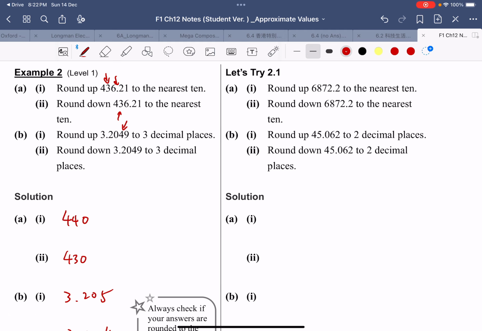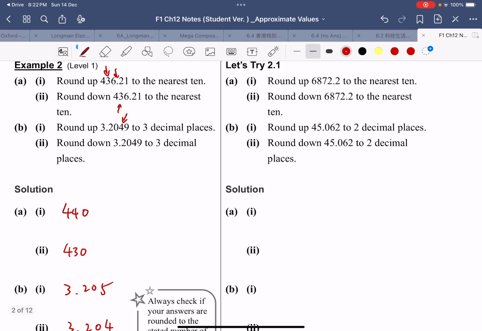Okay, let's go through this quickly. Nearest 10, this. Round up means add 1 to this, becomes this. Leave all the numbers after the decimal point. Round down, nearest 10, 70.